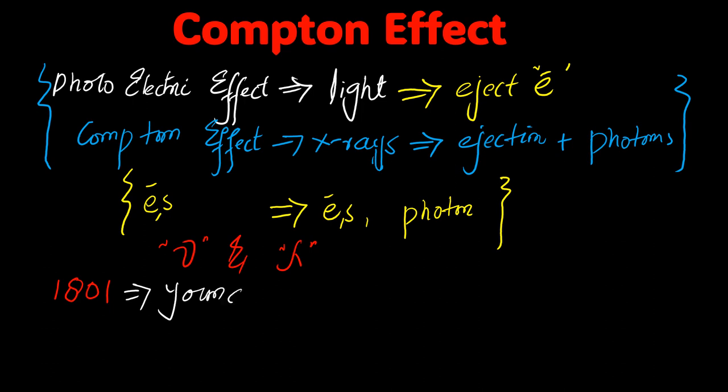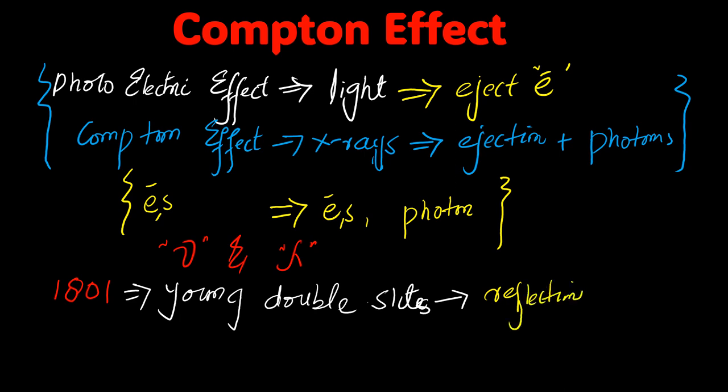In the Young double slit experiment, Young incident light on the slits, and he observed different physical phenomena such as reflection and diffraction.